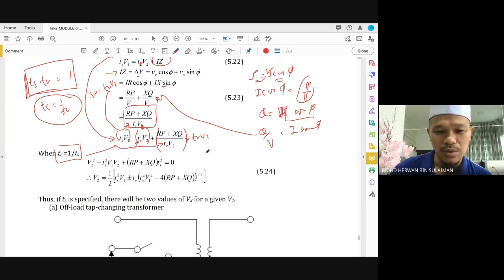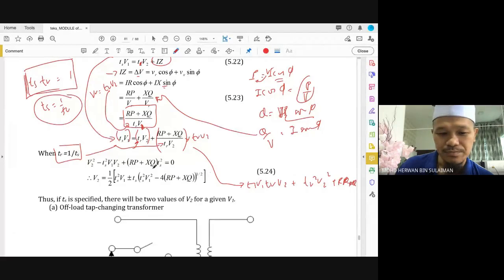So you get TSV1 times TRV2 plus this one TRV2, you get TR square V2 square plus RP plus XQ. Then you change your TR with the TS, so you rearrange back the equation, so you get this equation.